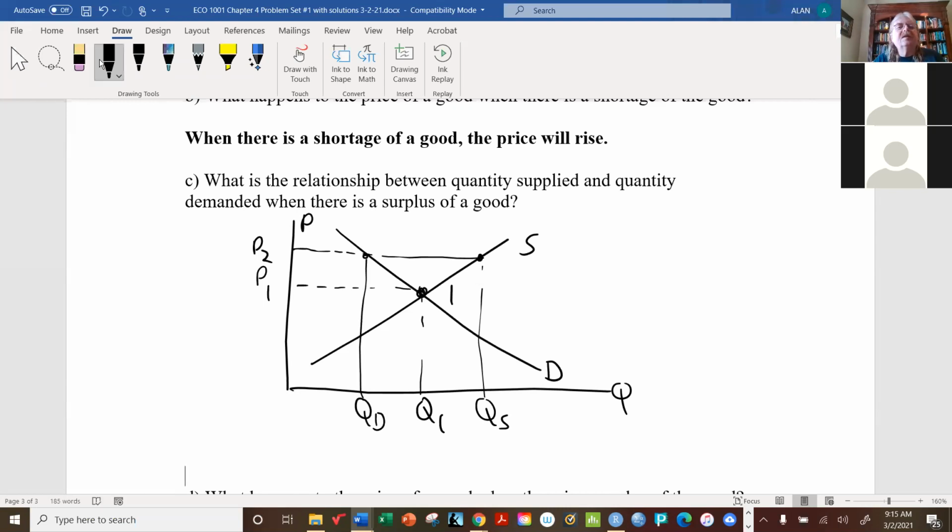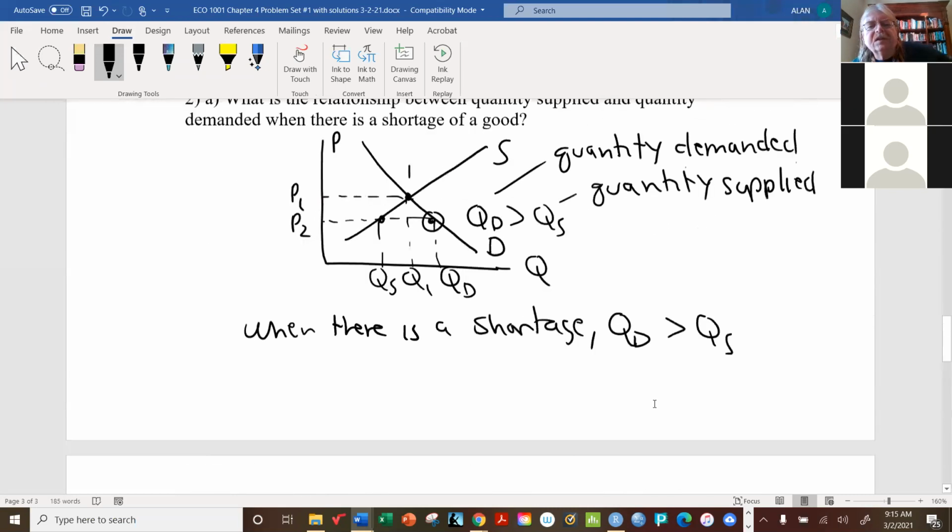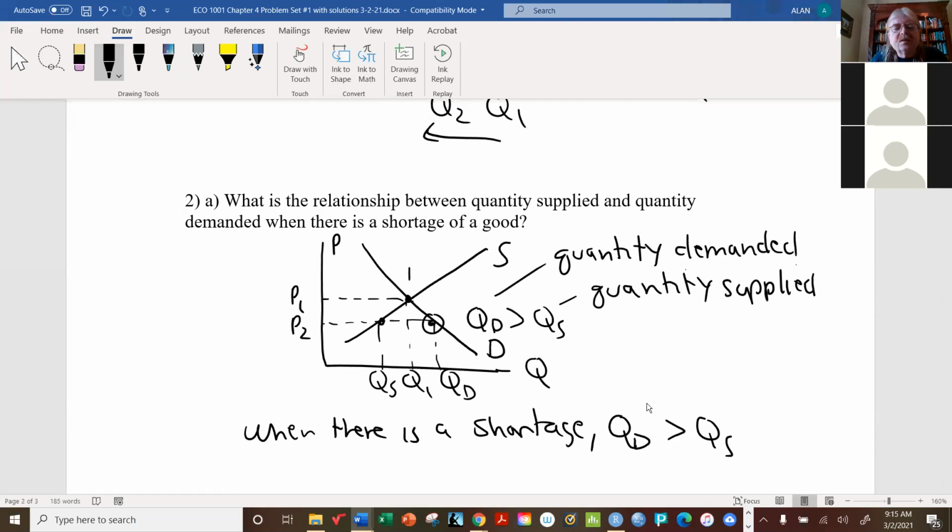So in this case, we have the opposite scenario from before, namely that QS exceeds QD, and that's what we call a surplus. Okay. I actually would like to put that in here too. This was a shortage.